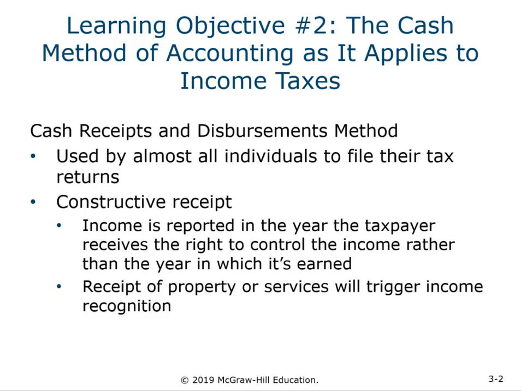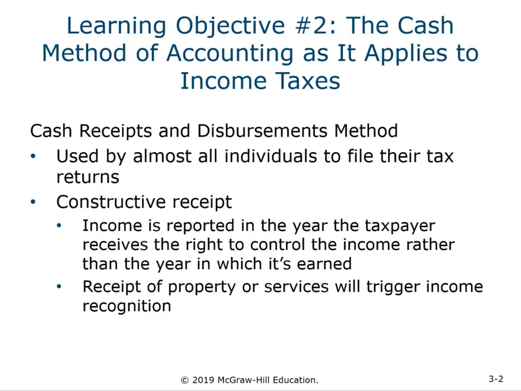But the tax law allows us to choose what method we use. When you file your first tax return, you do so using the cash receipts and disbursement method, and therefore it becomes almost automatic. You have to go through quite some rigmarole to change that.